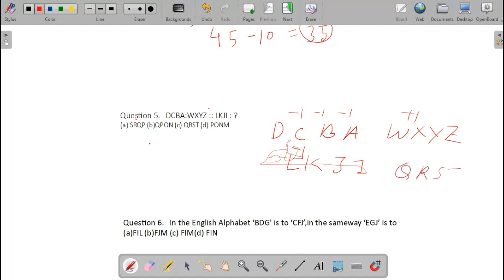It is similar to WXYZ. It is increasing 1 alphabet. PONM is also decreasing, minus 1. This is increasing, plus 1. This is decreasing, minus 1. This is decreasing. So here it is increasing, plus 1. So this will be the correct answer.